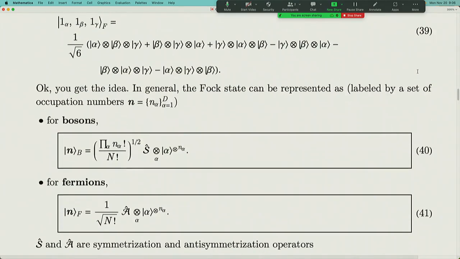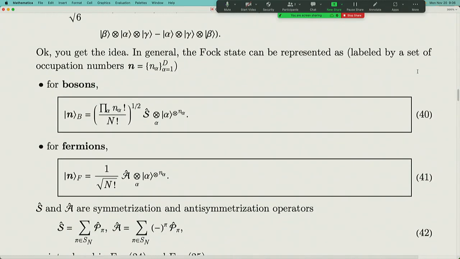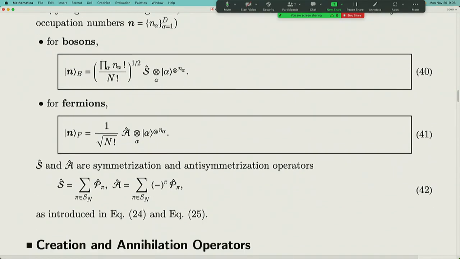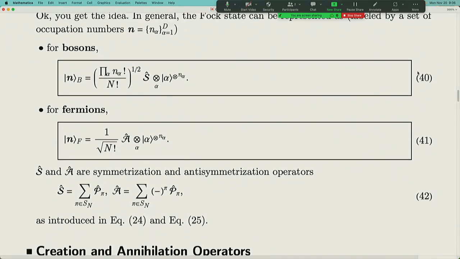The permutation sign is a sign structure which counts how many exchanges you have done in the permutation and calculates the parity of the exchange. So it depends on whether it is an odd number of exchanges or an even number of exchanges.